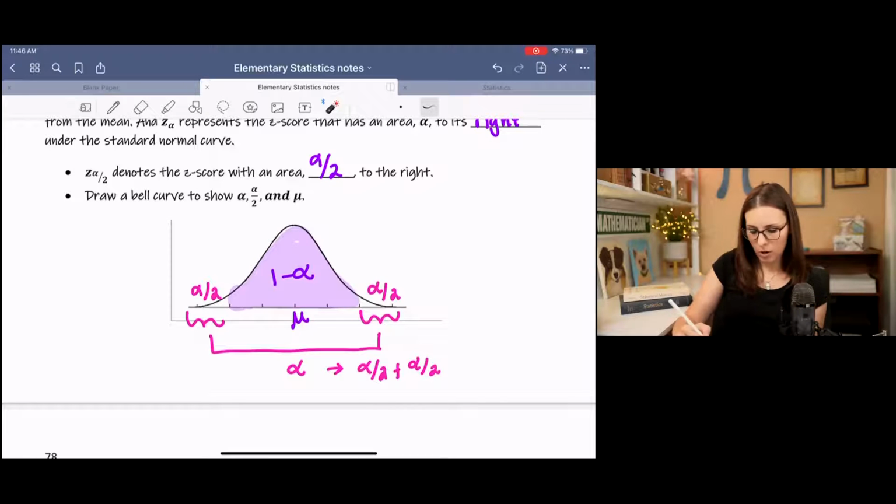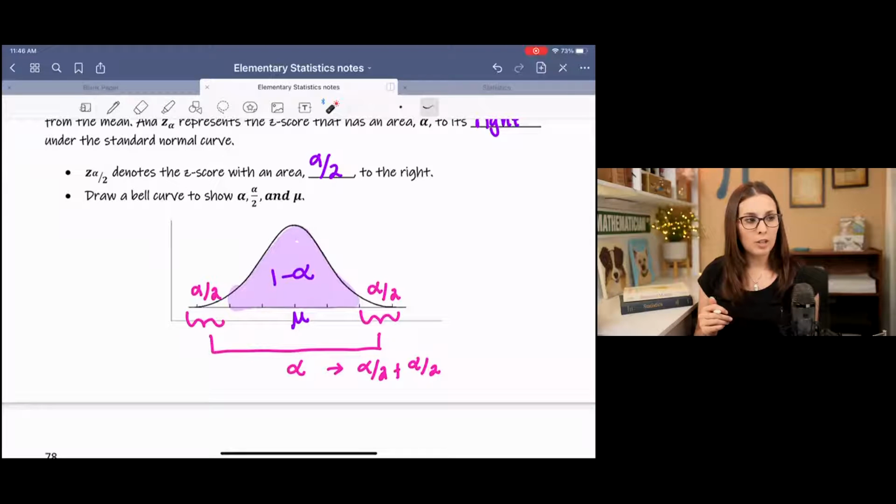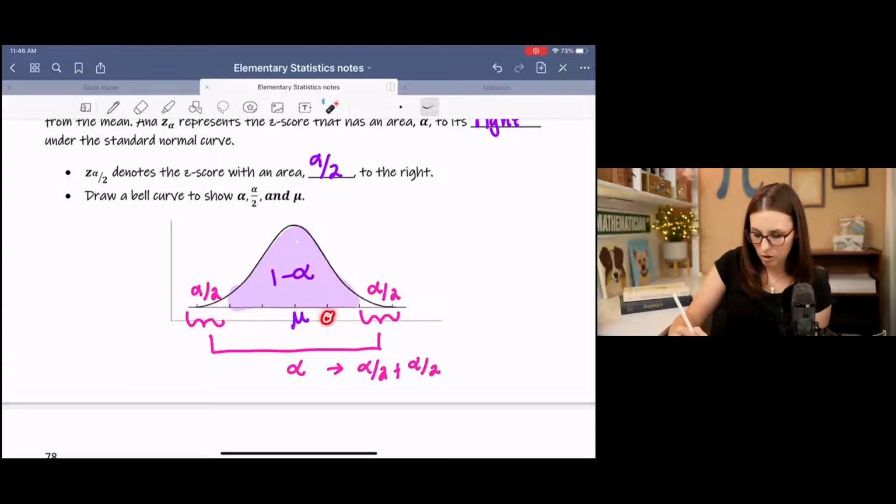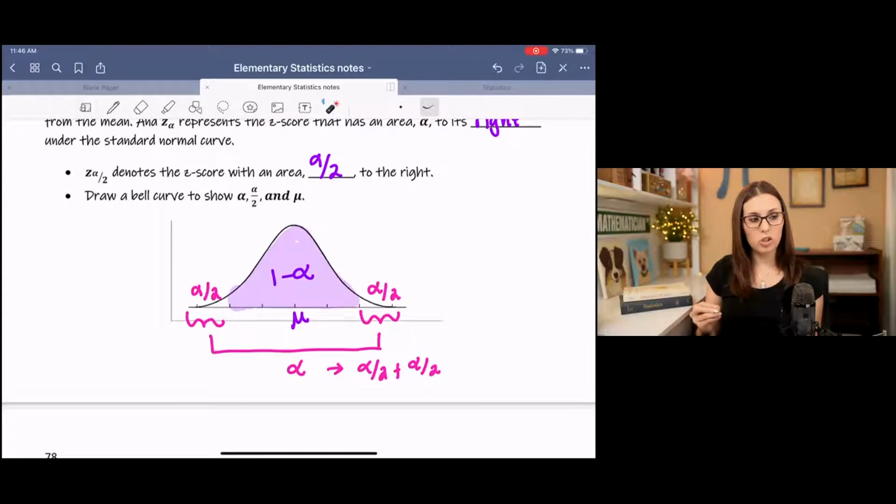You could have done 1 standard deviation. It doesn't matter. It just did some shading. And then your population mean is at the center with these as your standard deviations. So that's just kind of a general picture of what we're looking at. And it always helps as you're working through these problems to either envision that picture or just go ahead and draw it. I usually just go ahead and draw it because it helps me make sense of what I'm doing.